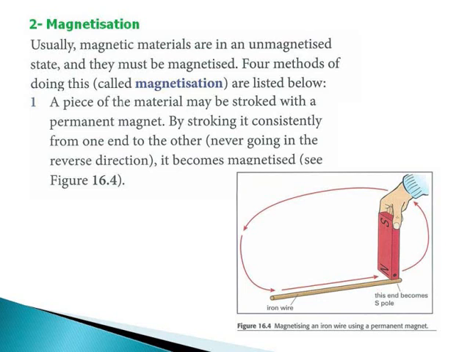In this way, the iron wire will become magnetized. But keep in mind, never go in the reverse direction. If you move your hand in the reverse direction, you will lose magnetization.